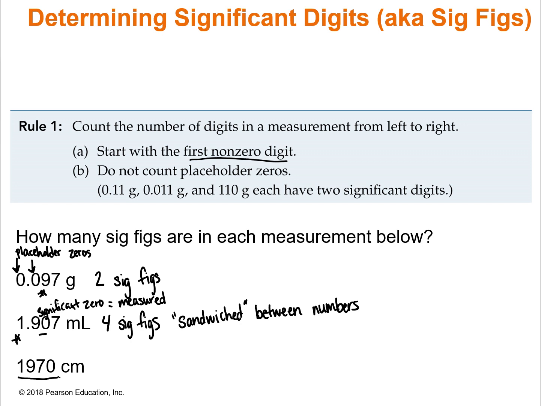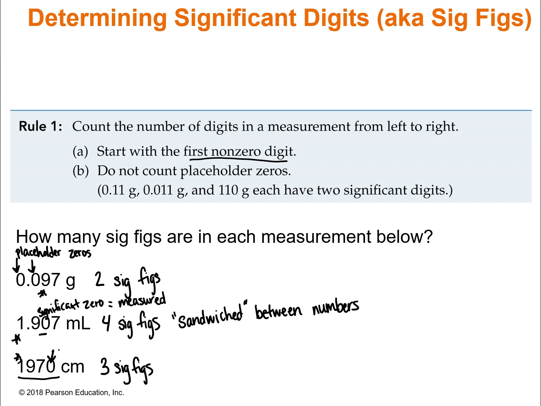Our last number, 1970 centimeters. Our first non-zero digit is the 1. Then we've got the 9, the 7, and we've got a 0 after it. This number only has 3 sig figs.